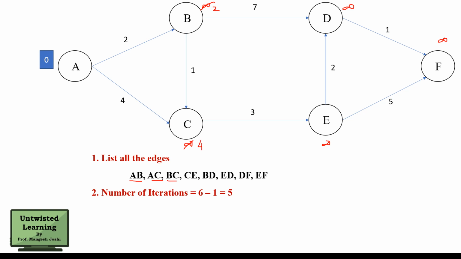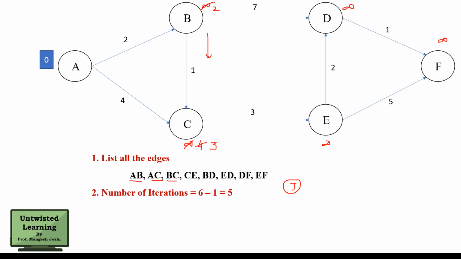Next is BC: 2 plus 1 is 3 and it is less than 4, hence it will be 3. Just focus on the direction of the arrows. Since the arrow is emerging from B and its destination is C, we have gone like this. 2 plus 1 is 3, and since it is less than 4, we have updated it to 3. This is iteration 1 only.